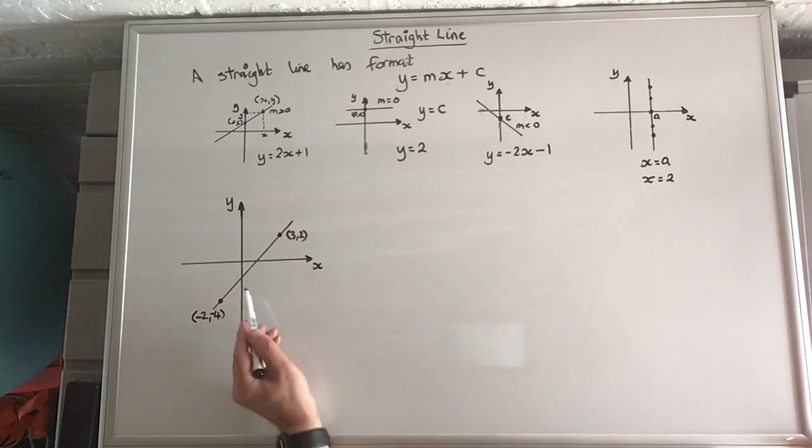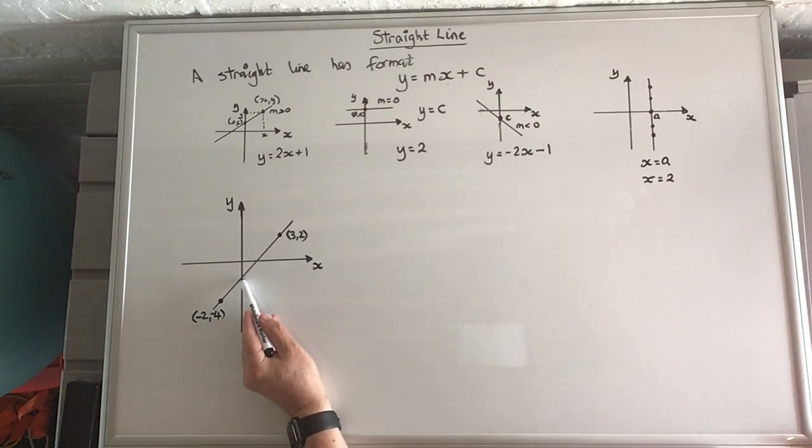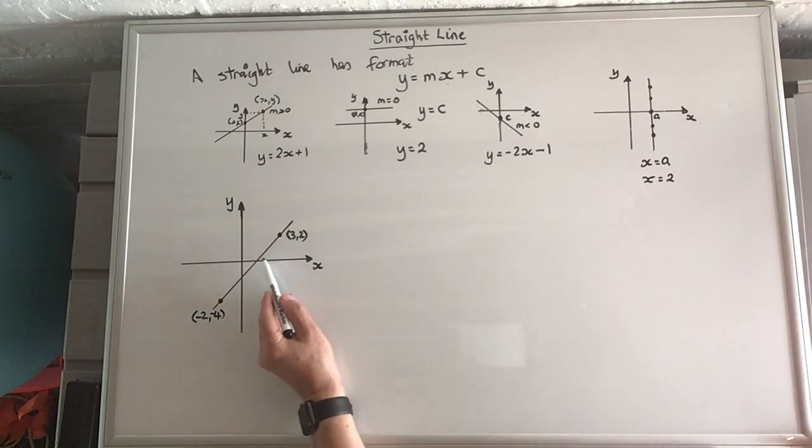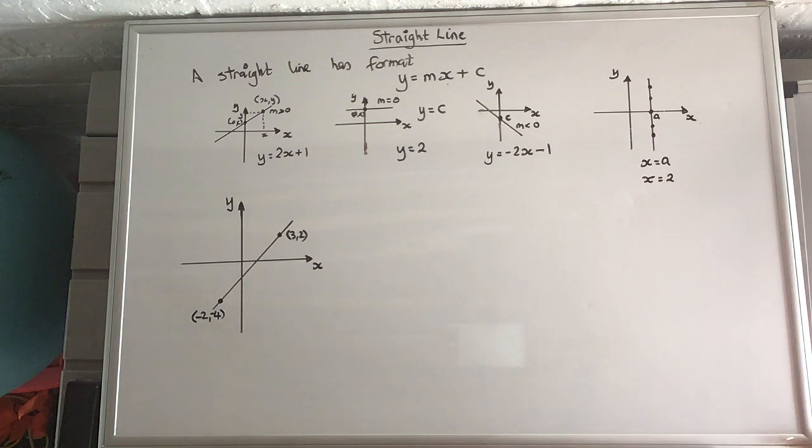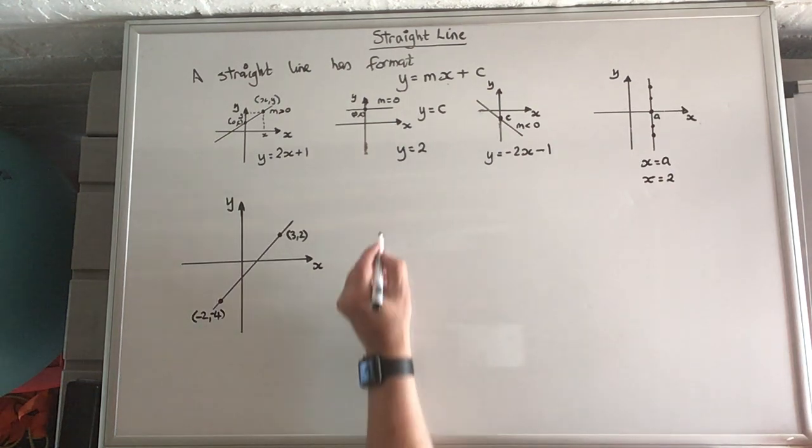Now, the y-intercept is here, that's your c value. Where it crosses the x-axis, well, that's not the c value. That's just some value when it crosses the x-axis. So let's deal with that once we get the equation. So let's work out the equation first. So gradient.